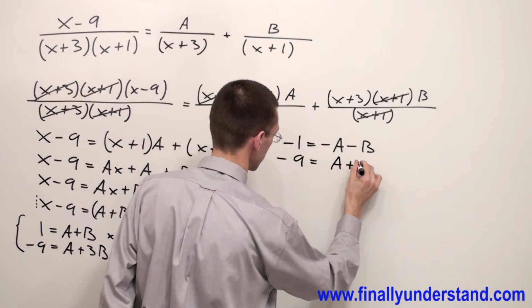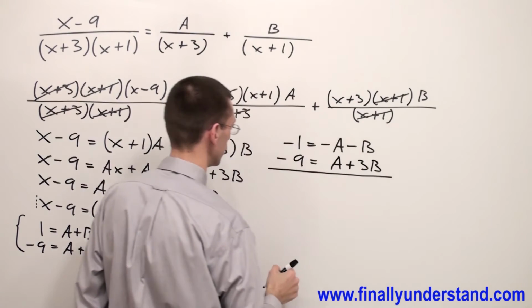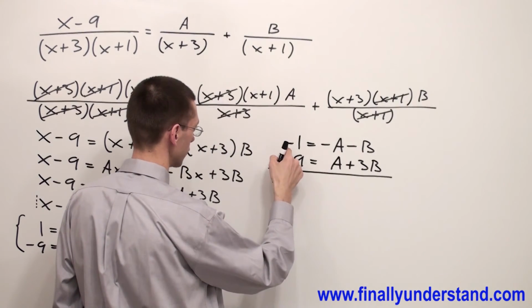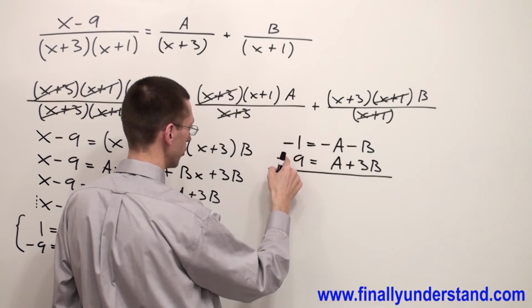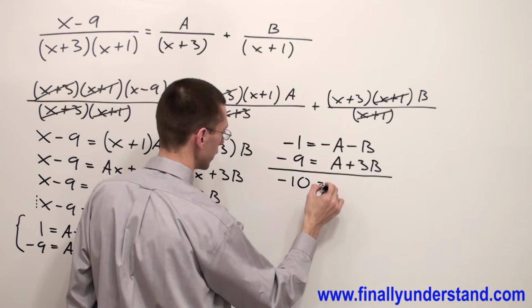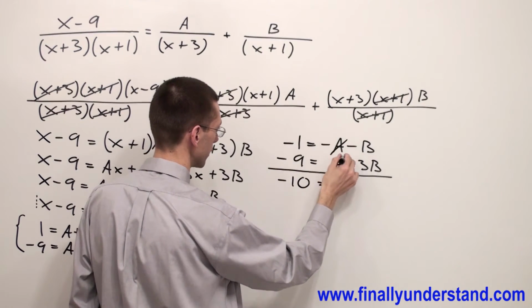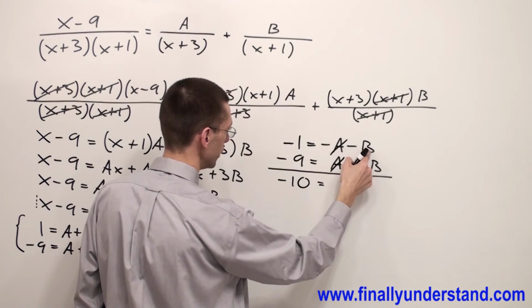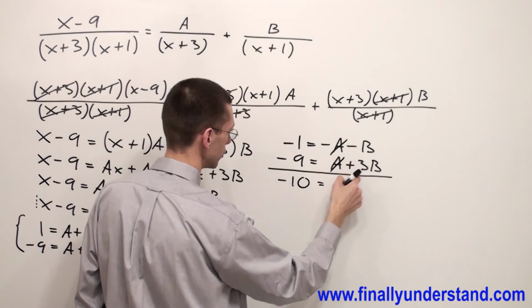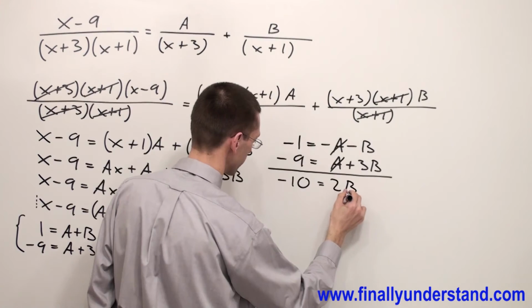Add these two equations to each other, and I'm going to have negative 1 plus negative 9 gives me negative 10 equals negative a plus a gives me 0. Negative b plus 3b is equal to 2b.